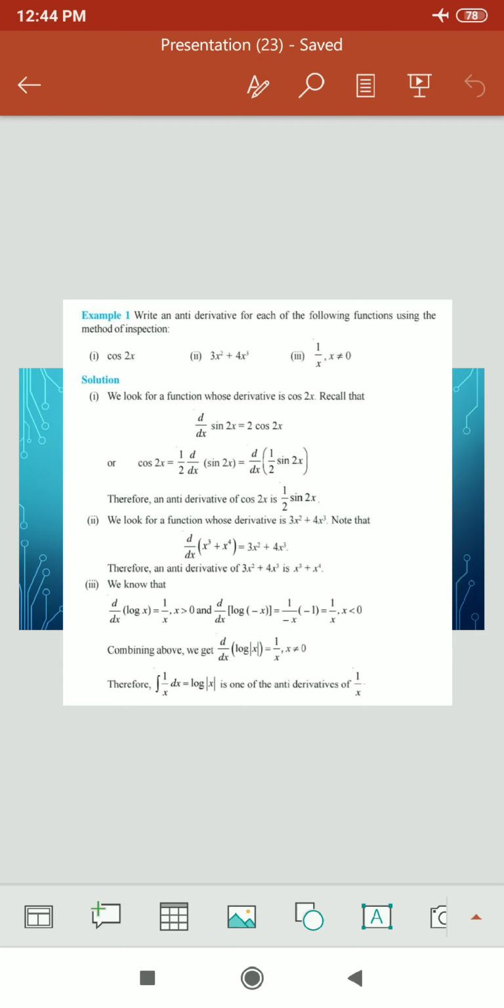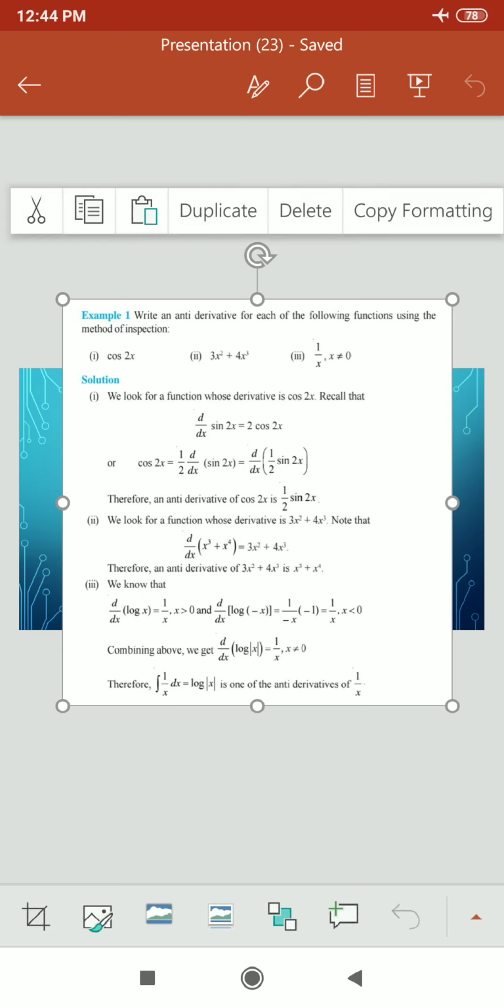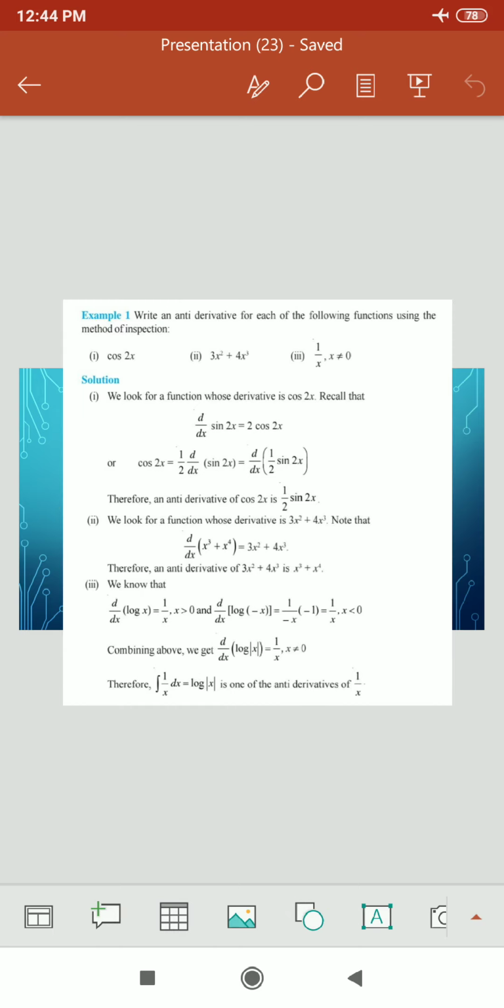We look for a function whose derivative is cos of 2x. ठीक है ना, we have to find the integral or antiderivative of cos of 2x. That means we are going to find a function whose derivative is cos of 2x. Recall that d by dx of sine 2x is twice cos 2x. Differentiation of sine 2x is twice cos 2x.